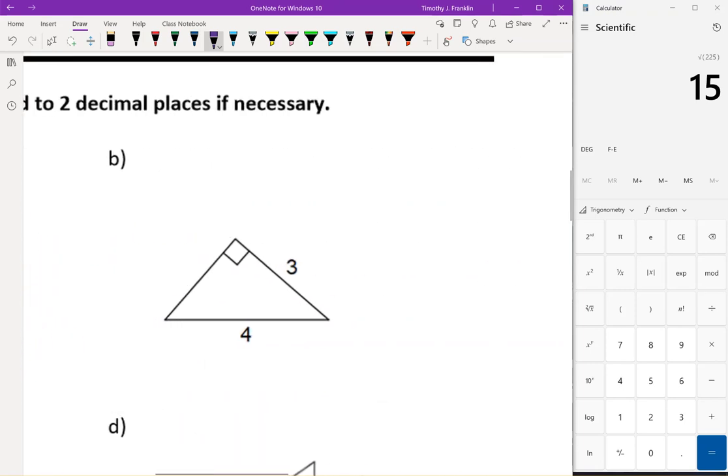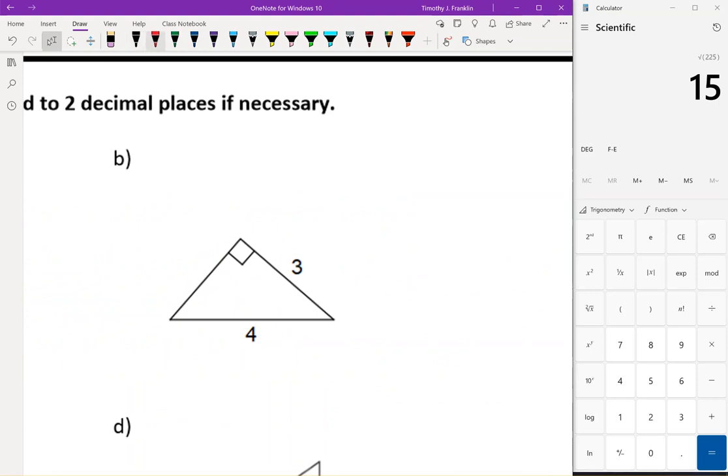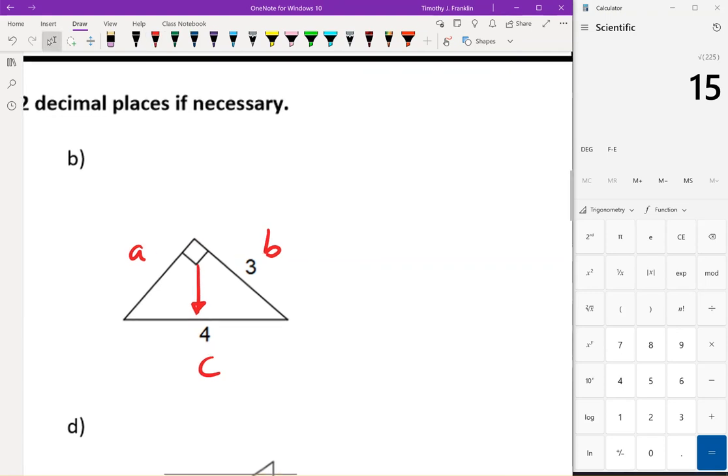Let's do a few more. Here we have a right triangle that's been kind of turned on its side, but remember, a and b are the 2 legs that make up the right angle. So if we have a and b here, across from the right angle is c. So again, the formula, a squared plus b squared equals c squared. Well, we're missing a here, so we're going to leave that a squared.